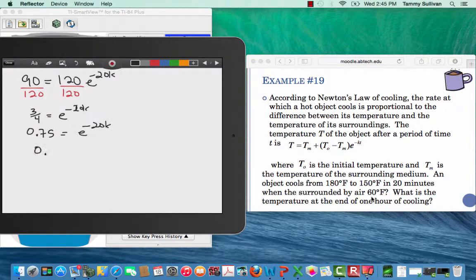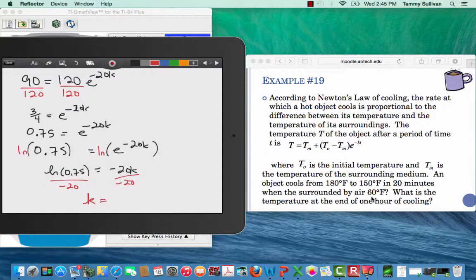Now the trick that we showed before, you're going to ln both sides, because the ln is the inverse of an e, so they'll cancel, and you're going to end up with negative 20k equal to the ln of 0.75. So you're going to divide by negative 20, and that's going to give you your k value.